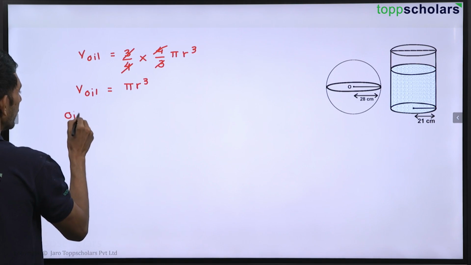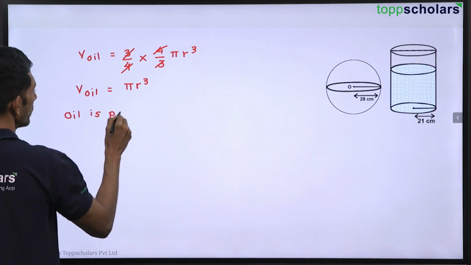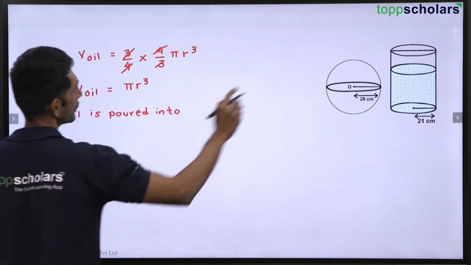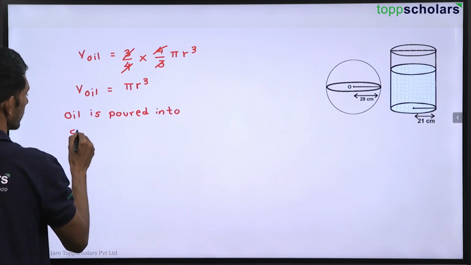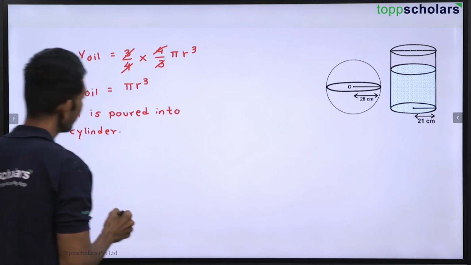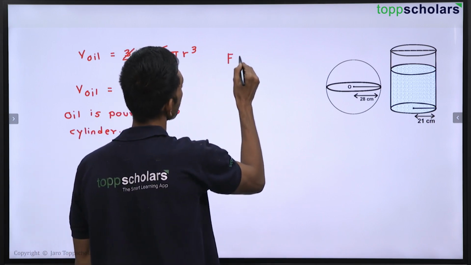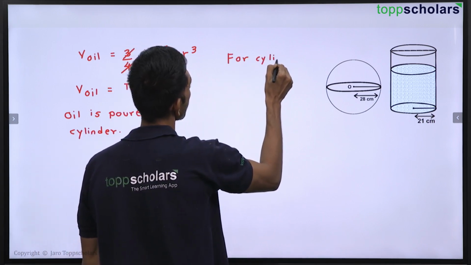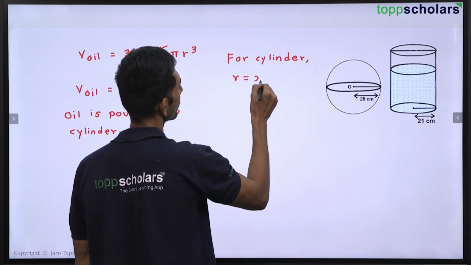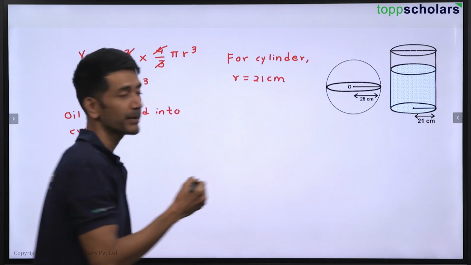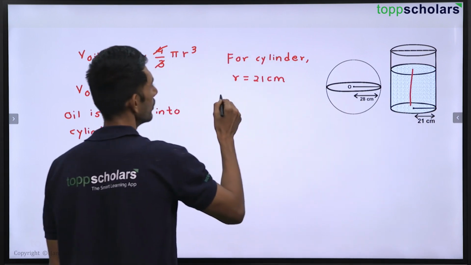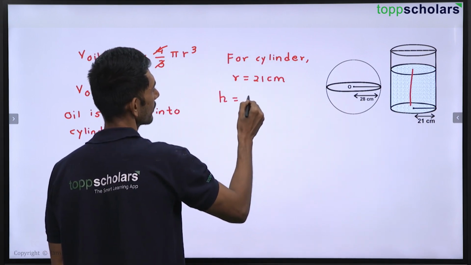Now oil is poured into cylinder. Now this oil is poured into cylinder. So can I say for cylinder, what is the radius? The radius is 21 centimeter. Height we don't know. So height is question mark here.